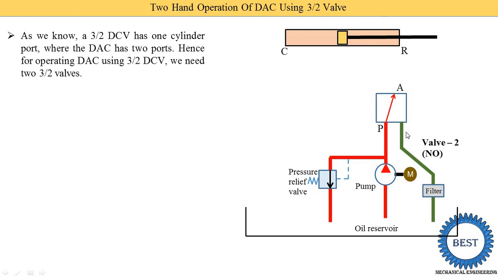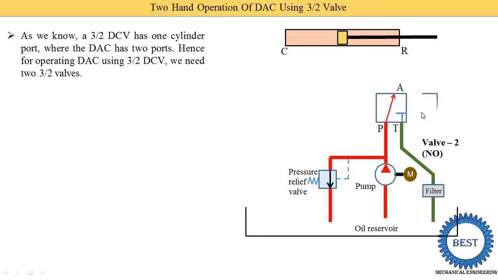Suppose the valve is normally closed, then what? The P port is closed and the oil is returned from A to T. So here this is the port T. Now when the operator presses the switch of this normally open valve, what happens? It is closed. When it is normally open and we press the switch, it becomes normally closed.